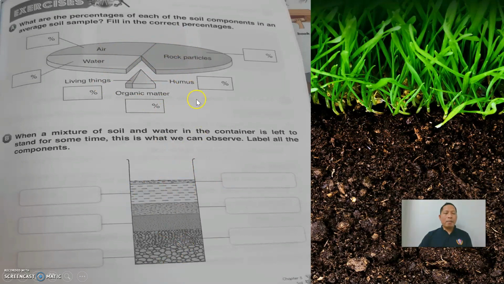And please take a picture and send a photo in our line group, so that I can check what you answered in the activity book. Okay? Exercise A and B only. No more, no less. After that, you take a picture.